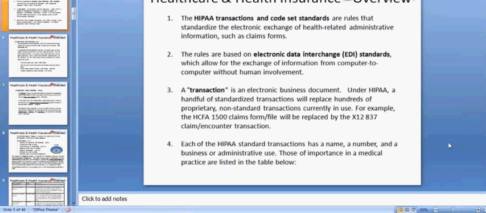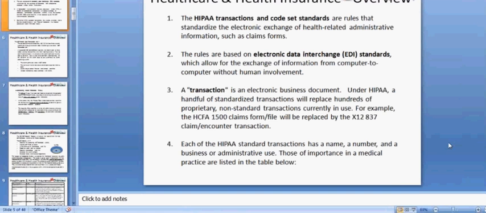So as we talked about previously, the exchange of information happens from one computer system to another without human involvement. So it's all electronically driven, rule-based transactions that happen between two different organizations. Thirdly, the transaction. The transaction that we are talking about is an electronic business document.